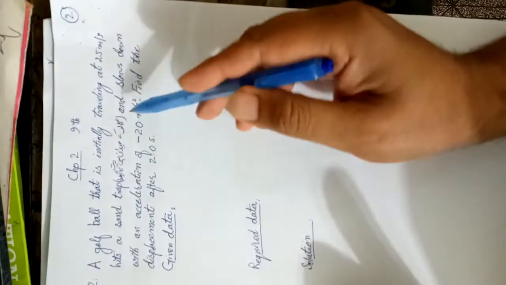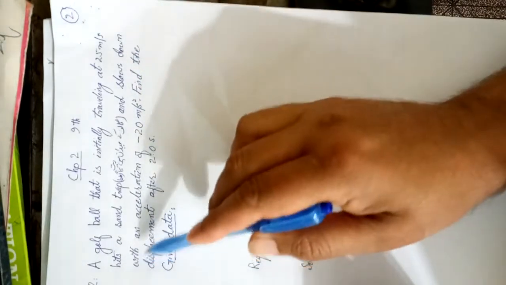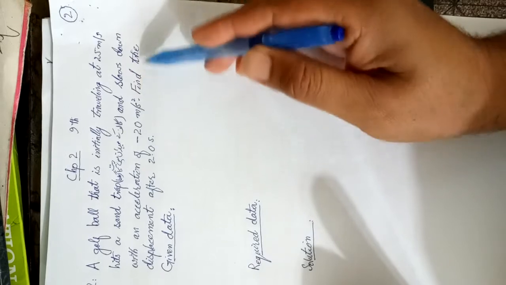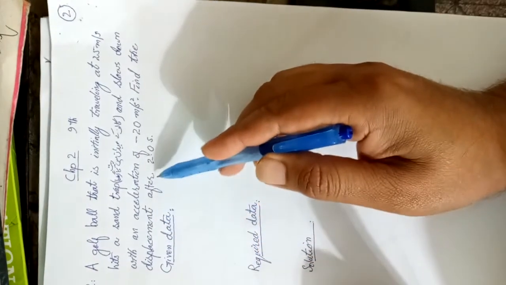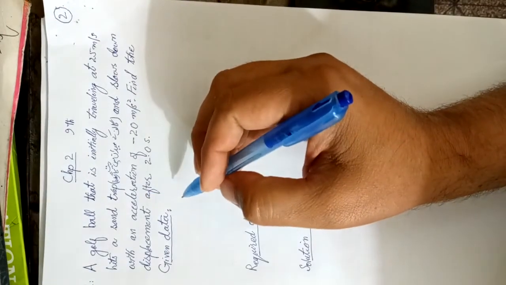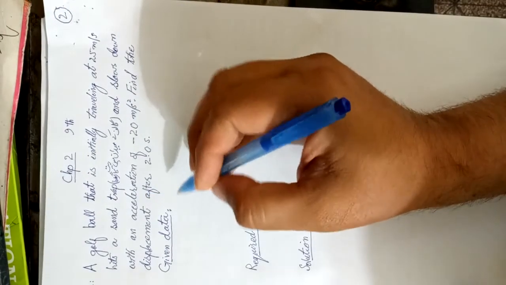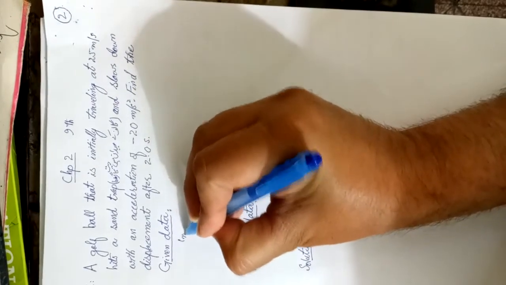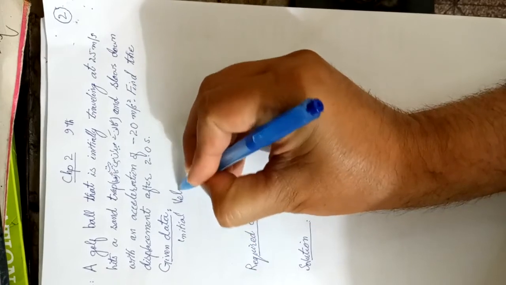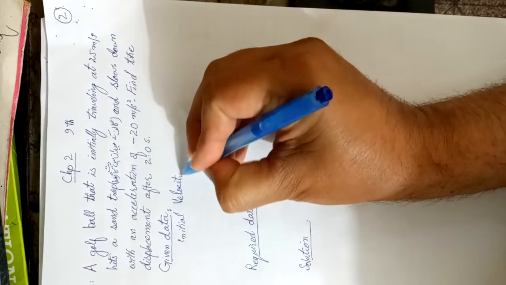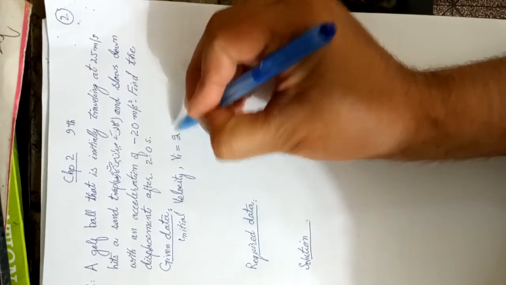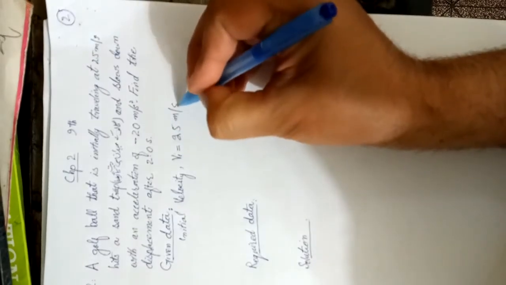And slows down with an acceleration of minus 20 meter per second square. Find the displacement after 2 seconds. So the given data is, we know that initial velocity, which is denoted by Vi, is 25 meter per second.